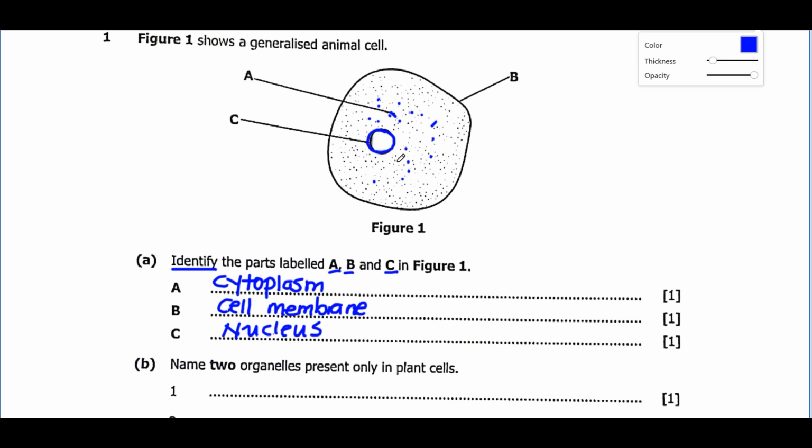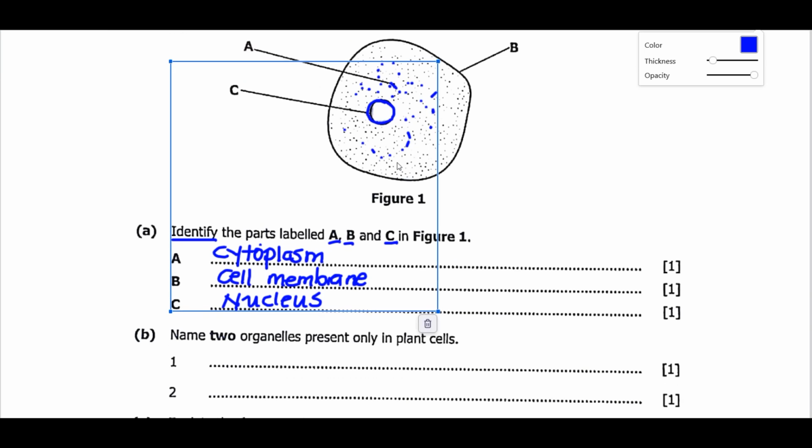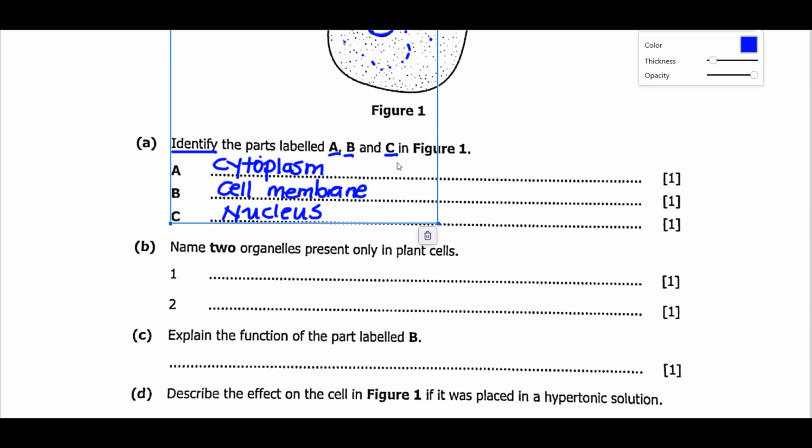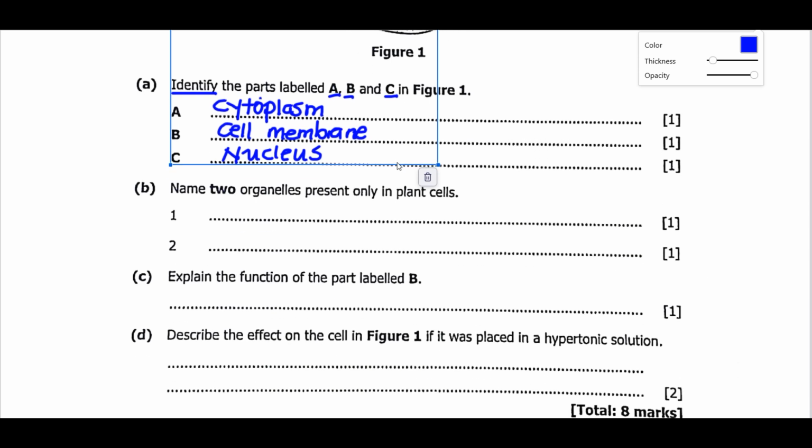Now we move on to question B. We are just told to name two organelles present only in plant cells. This is the same as the parts that we can only find in plant cells, but not in animal cells. So here we can have chloroplast.